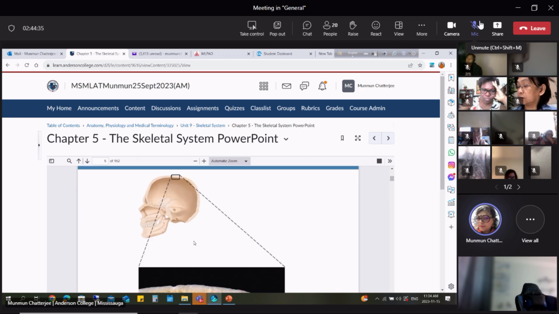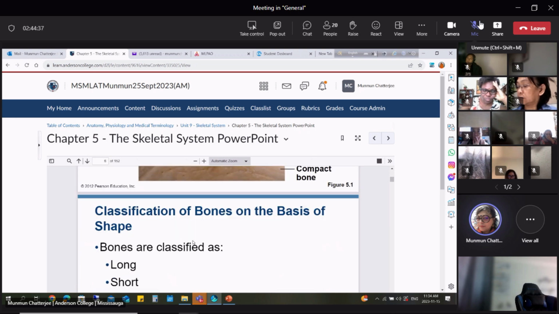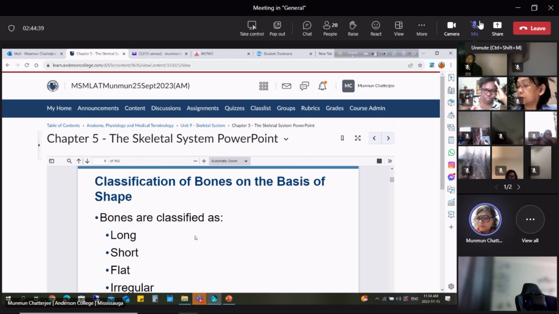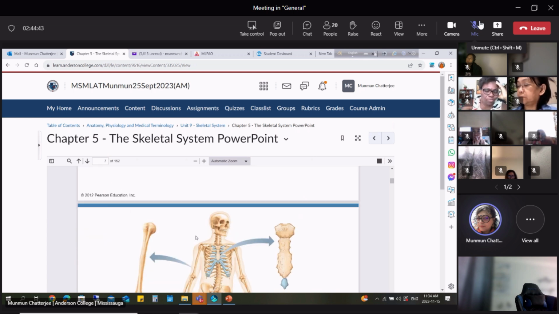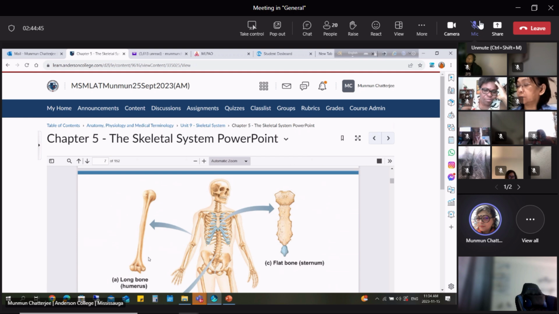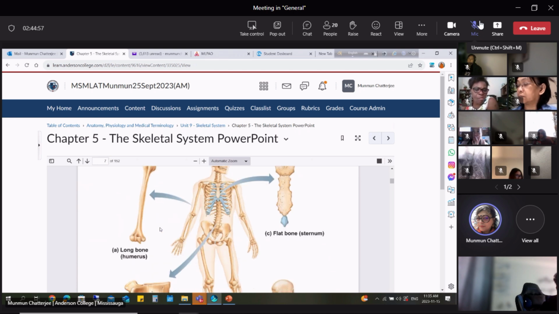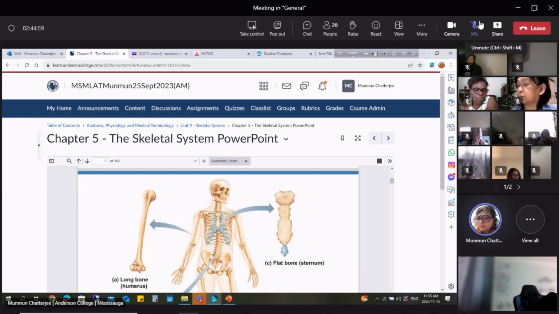But shape-wise, how many types of bone do we have? We have the long bones, the short bones, the flat bones, and some irregular bones. For example, these are the long bones, like the humerus. The humerus is in the upper arm, which connects our shoulder bone to the lower arm. So this is a long bone.